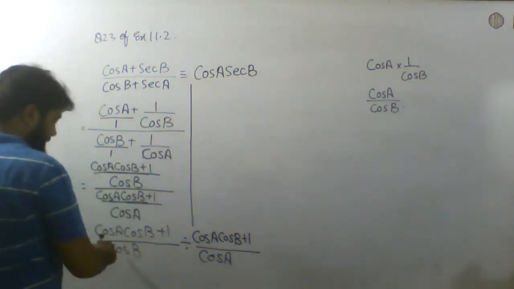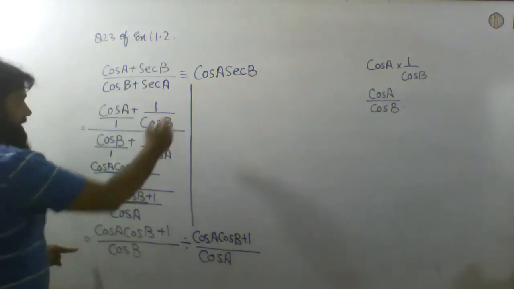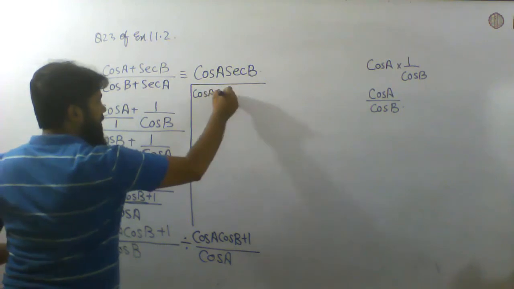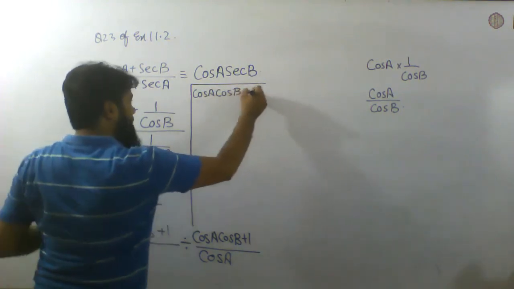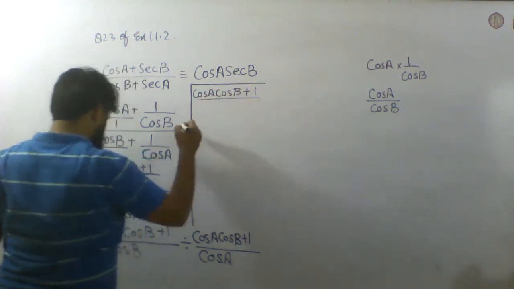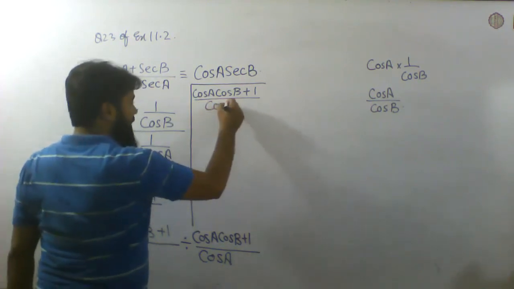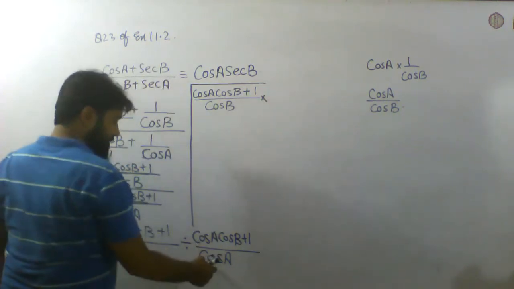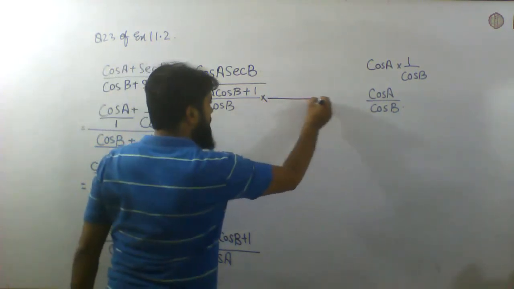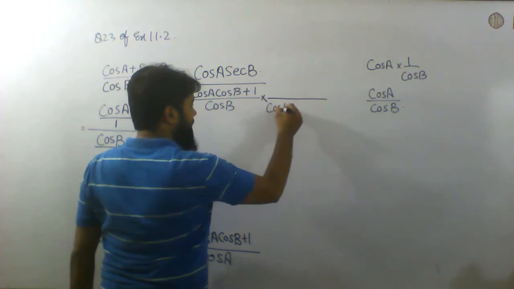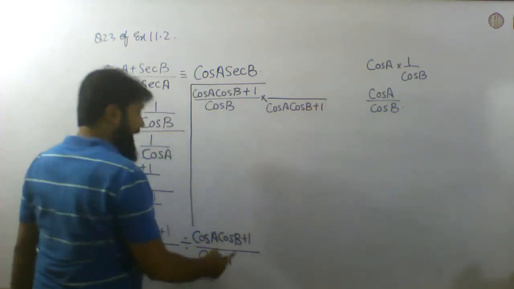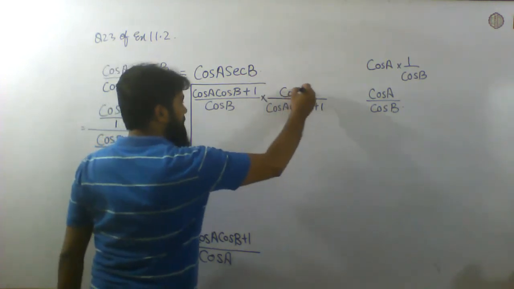After that, writing the first one as it is, the divide will be changed into multiply, and the fraction after it becomes reciprocal: cos A cos B plus 1 and cos A.